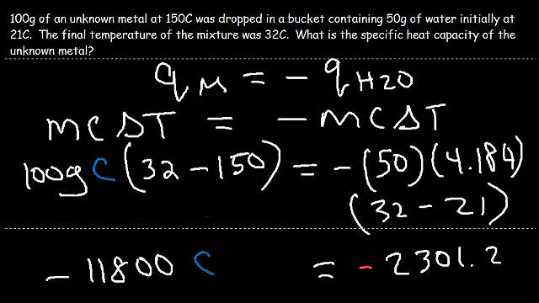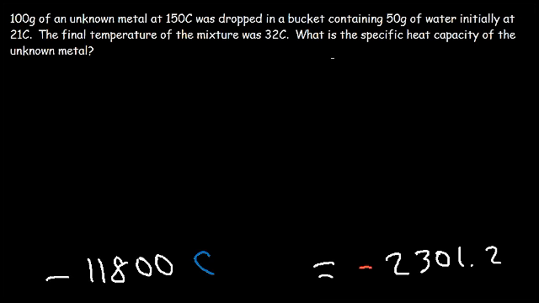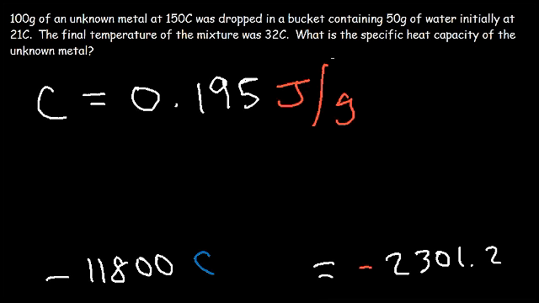So now let's solve for C. So let's divide both sides by negative 11,800. So the specific heat capacity of the unknown metal is 0.195 joules per gram per Celsius.